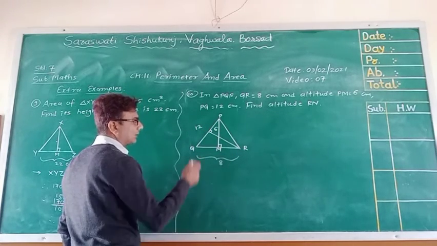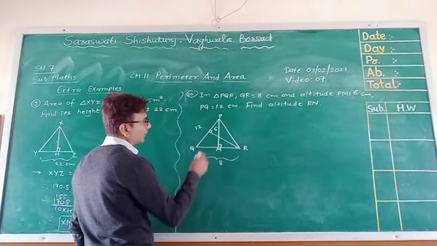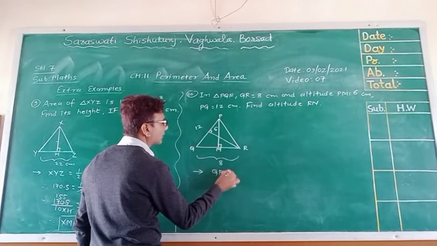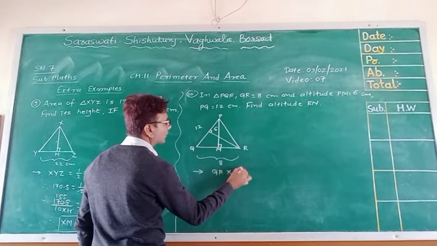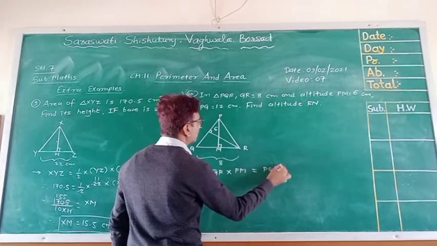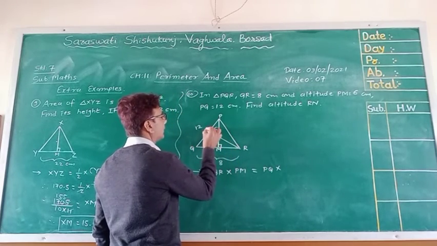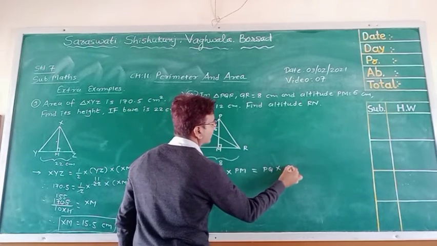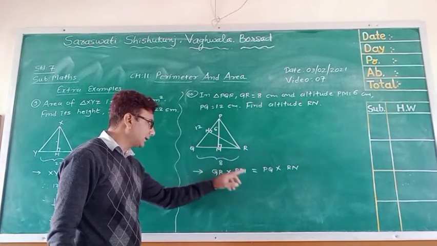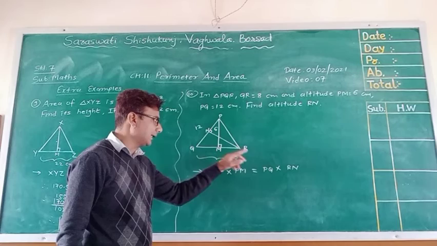So let's compare: this base QR and its corresponding height PM equals this base PQ and its corresponding height R. Here see, this base, this height equals this base, this height.